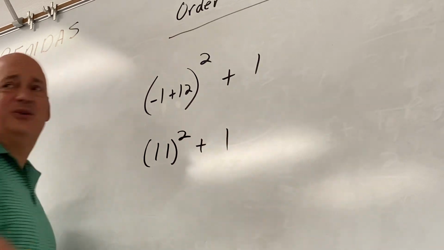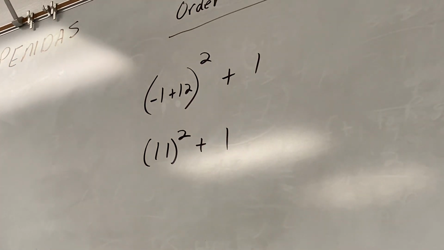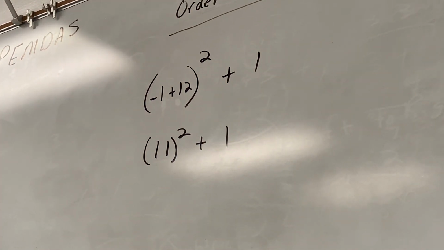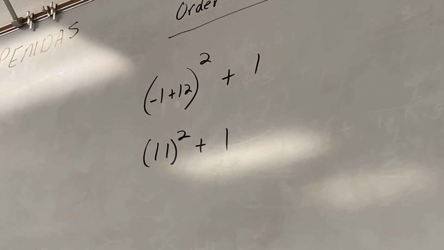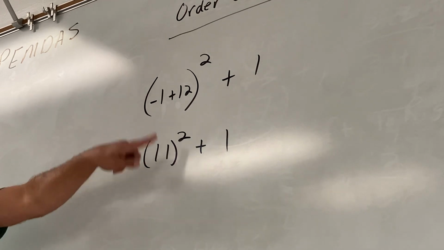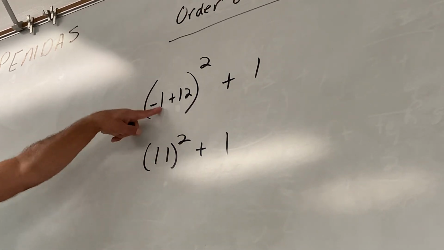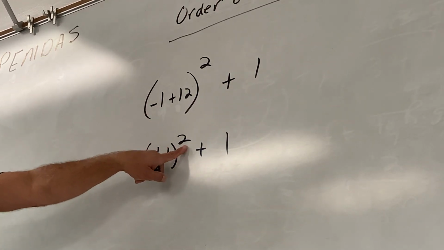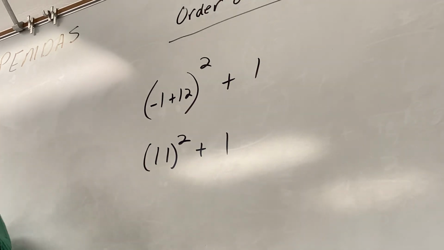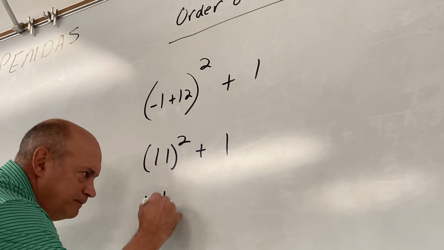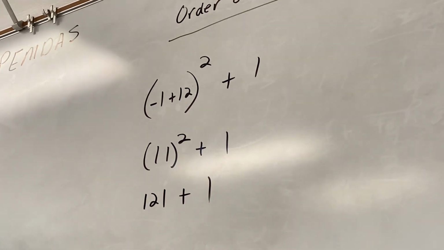What must I do next? I'm looking for people who haven't helped me yet. Luna, what do I do next? Yes, I do the exponents. I had to do parentheses first. Now we're going to do the exponent. Luna says 11 times 11. What is that? 121. It's on the multiplication chart. And then finally we get to add the 1.